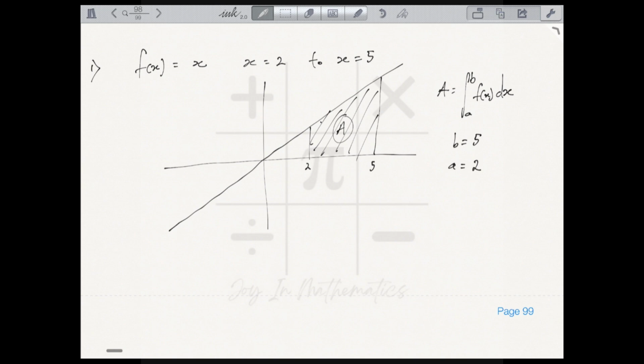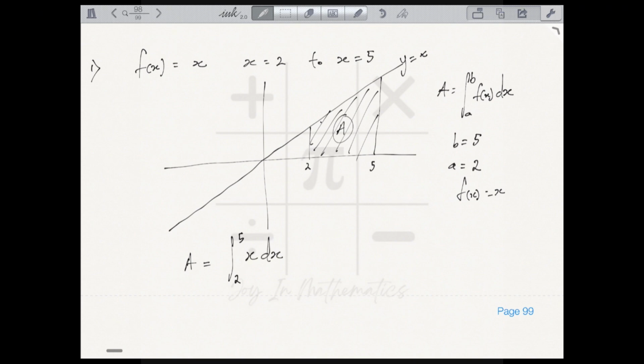And our f of x is equal to x. Therefore, our area under f of x equals x is the integral from a, that is 2, to b, that is 5, of f of x, that is x, dx.